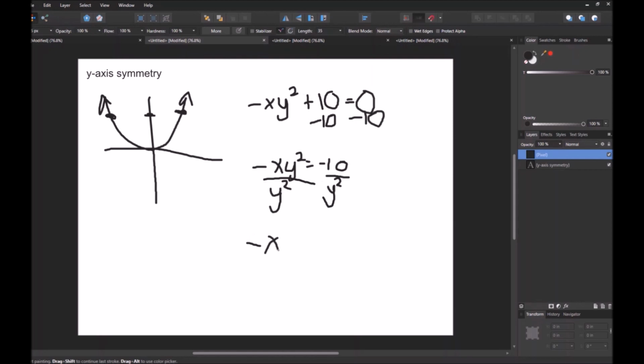So we have negative x equals negative 10 over y squared. And then we can multiply by negative 1 so that we can cancel out the negative 1 here and get x all on its own. This is going to be multiplying by negative 1 over a positive 1, if that helps you to think about it that way. So then we're left with x equals 10 over y squared.